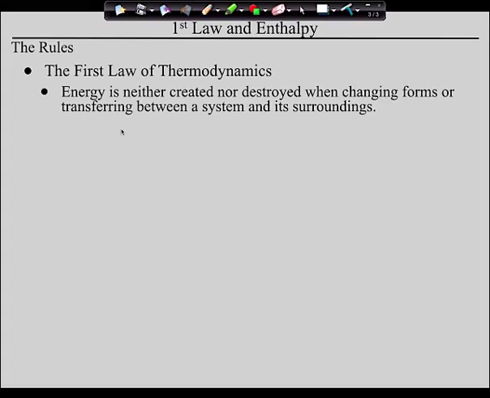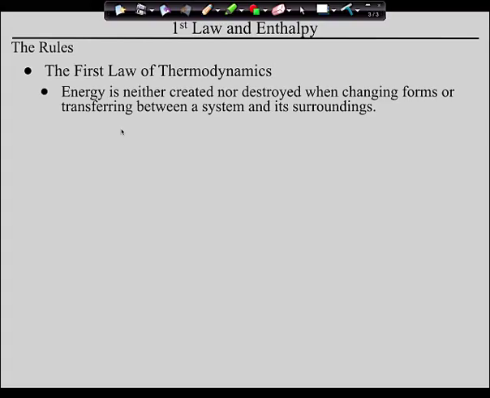So now let's wrap our head around this, because guys, the significant implication of what this says is there is a fixed amount of energy in the universe, and all it does is move around. Get it?